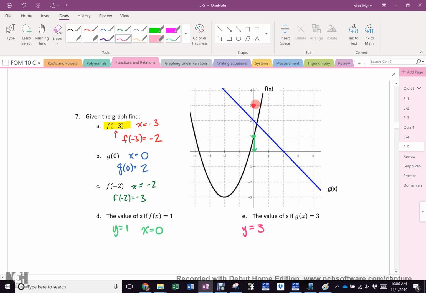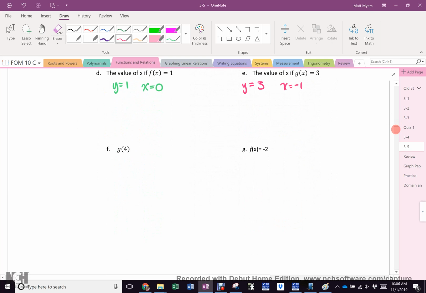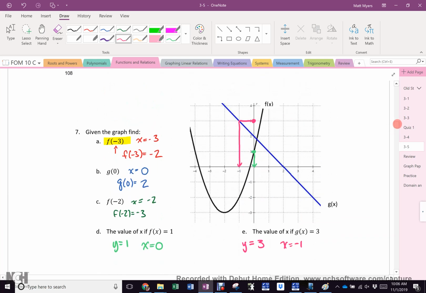The curvy line or the straight line? There. What is the x value? So x equals -1. Is everybody good to there?